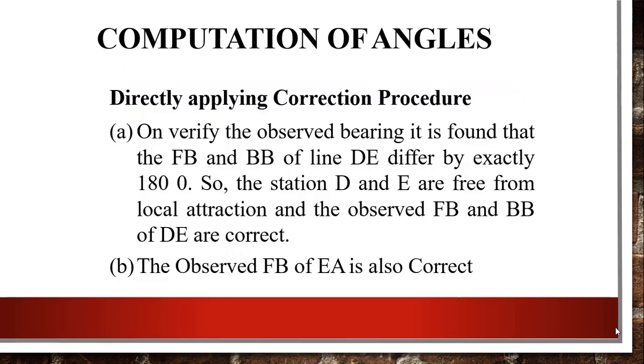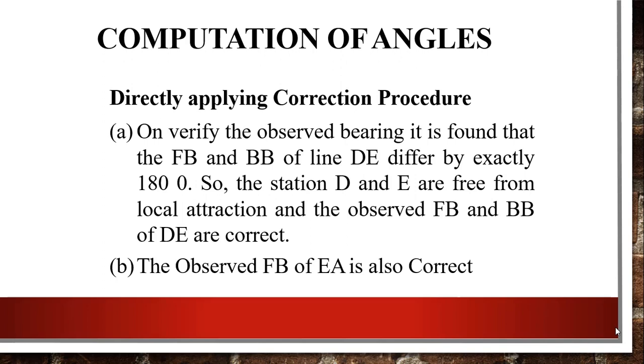So begin with the solution. You have to apply direct correction in this method. On verifying the observed bearings, it is found that the FB and BB of line DE differ by exactly 180 degree. So the stations D and E are free from local attraction because the difference of forebearing and back bearing is exactly 180 degree, and the observed FB and BB of DE are correct.